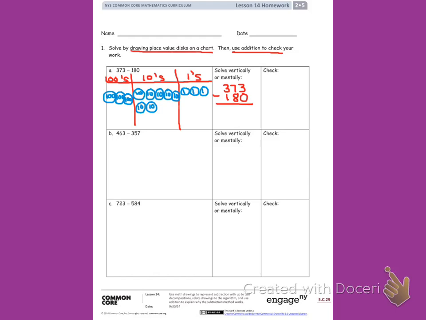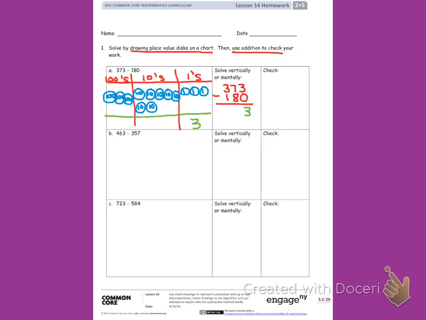In 180, there is a 0 in the ones place, so I'm supposed to take away 0 ones. Well, I had 3 ones, and if I take 0 ones away, I still have 3 ones. 3 minus 0 is 3.